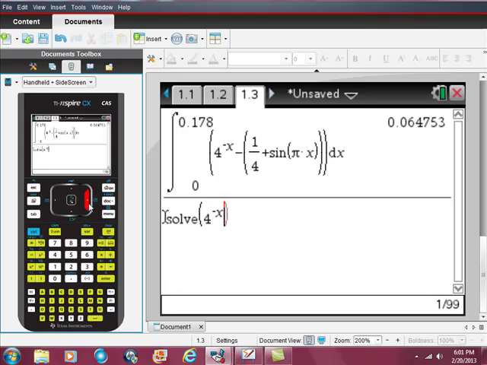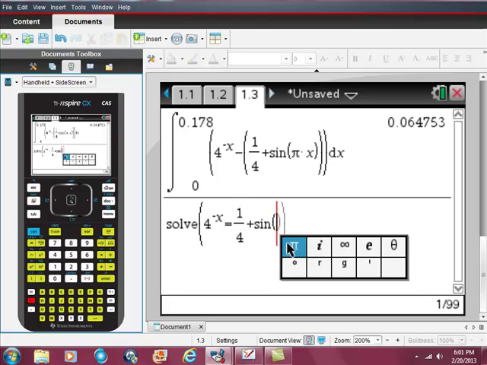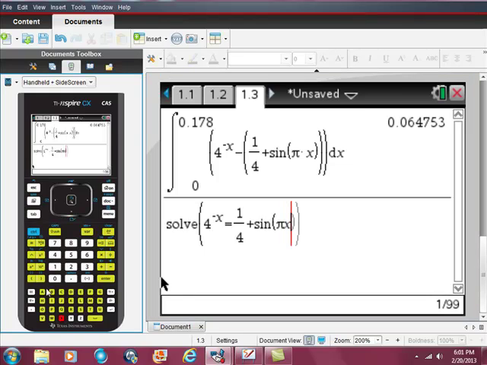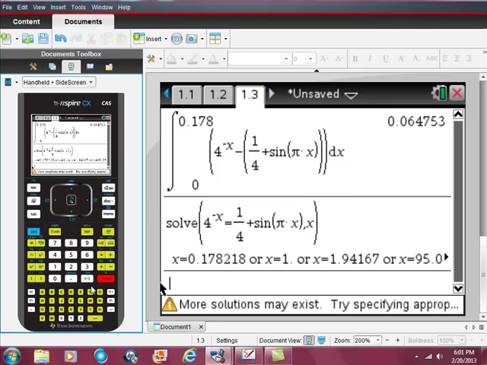Make sure that you bring that cursor down by hitting the right cursor, equals, control division, 1/4, again use the right cursor, plus sine of pi x. Now the only thing we need to write here is comma x and hit enter. And there we are.